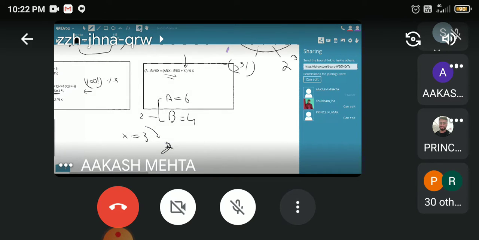But if you take a modulo x first, 6 modulo 3 will be 0 and b modulo x will be 1. So it is minus 1 modulo 3. On your compiler, it will mostly give minus 1, which differs from your result of 2.